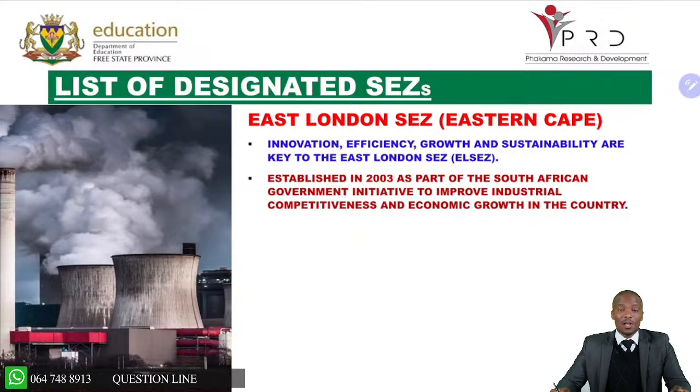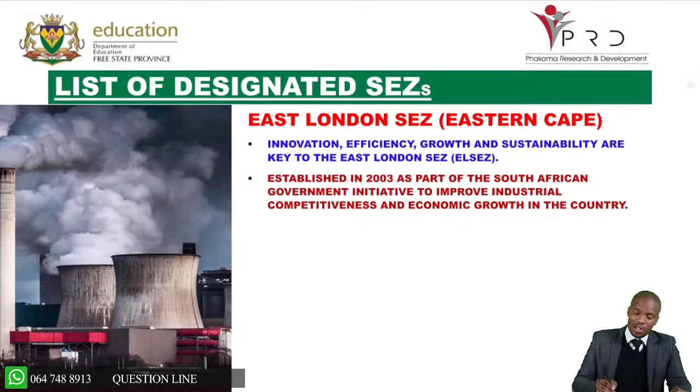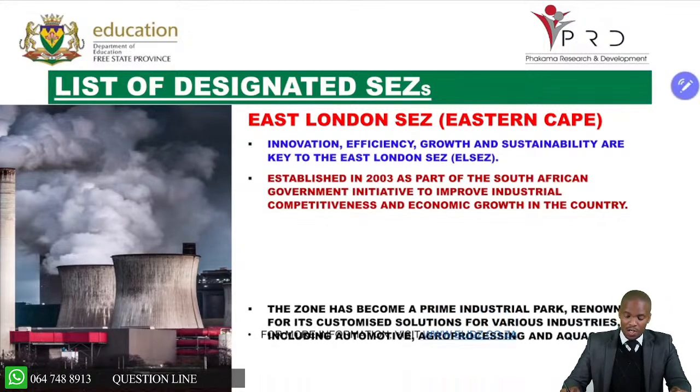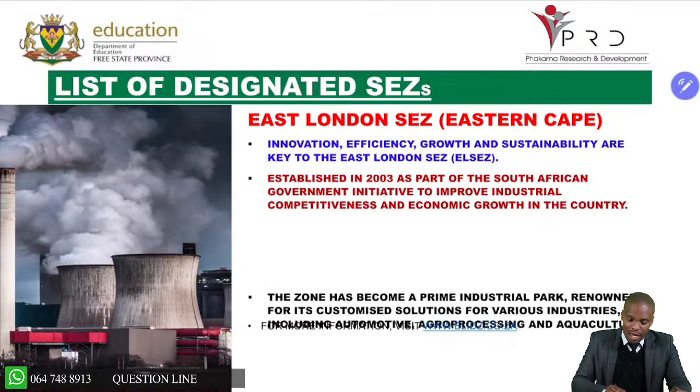And we understand that it was launched in 2003. It was there to promote the prime industrial park. And then also, it is there for automotive, agro-processing, and aquaculture.